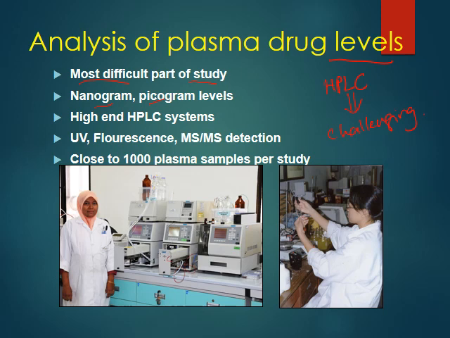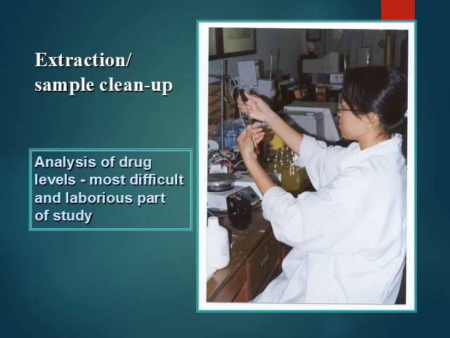So usually we need a high-end HPLC system with UV, fluorescence or mass spectroscopy detection. In a bioequivalence study center, usually about 1,000 plasma samples are analyzed in one study.